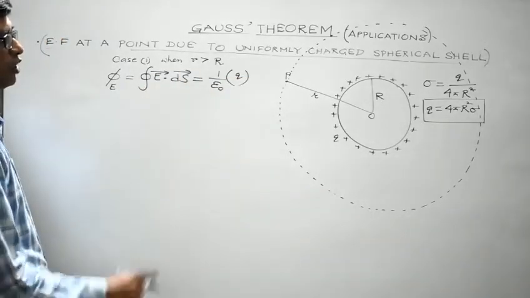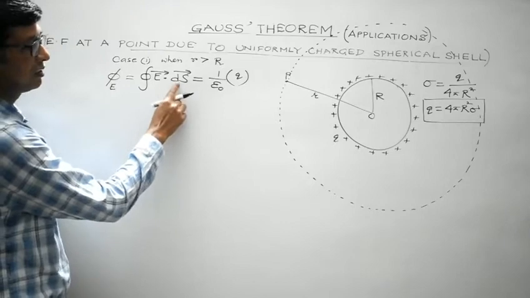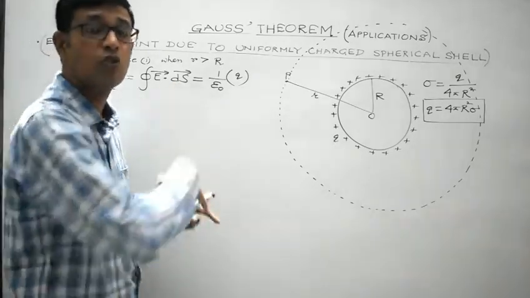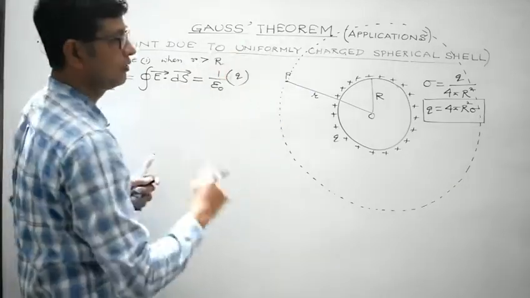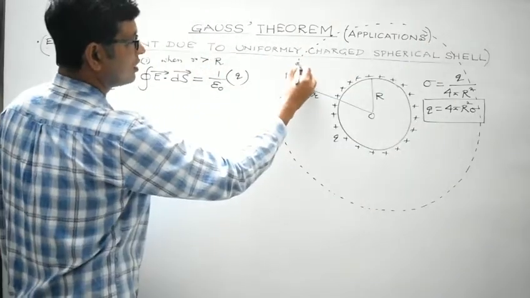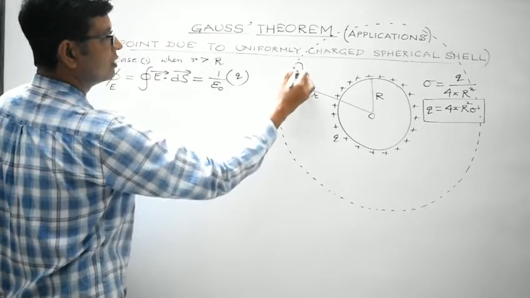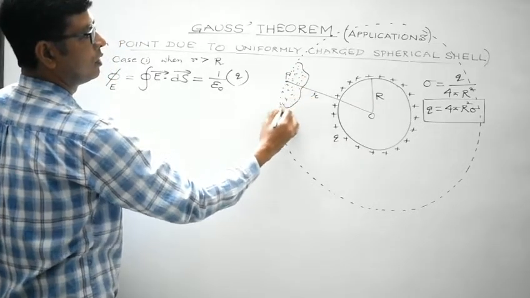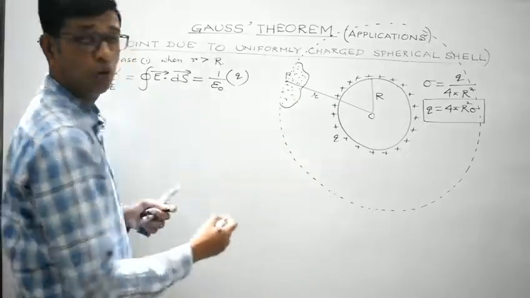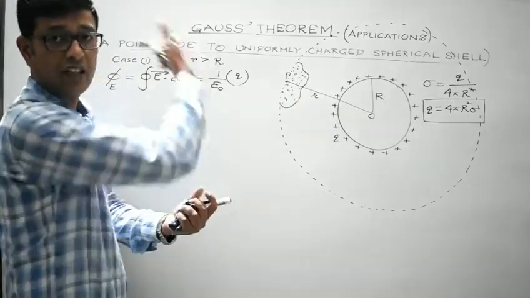Now let's try to evaluate it. This is ds, the area vector of the Gaussian surface, a small elementary portion of the Gaussian surface. Let us consider a small elementary portion like this. The area vector is always perpendicular to the surface and in the outward direction.